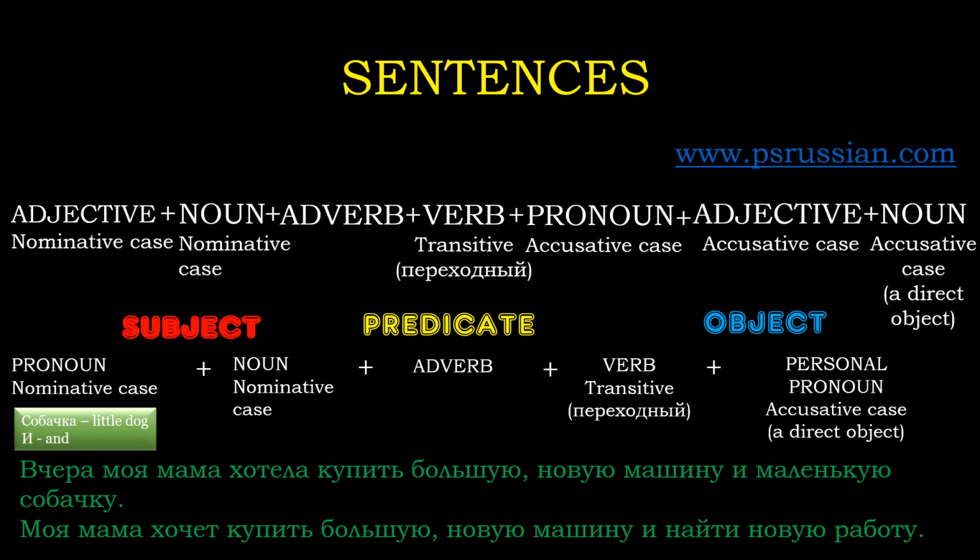As you see from this diagram, you can use adjectives or possessive pronouns to describe a subject or an object of a sentence. And you have to use adjectives or possessive pronouns in the same gender and the same grammatical case as the noun or pronoun you describe. So they have to agree with your noun or pronoun.